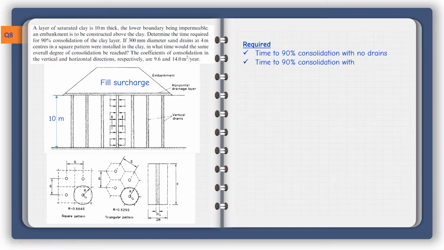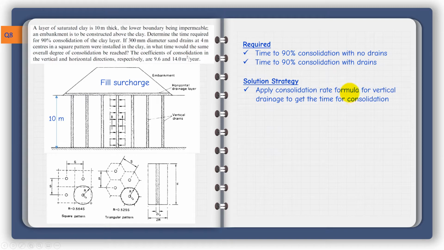And then the second requirement is to repeat the same problem to determine the time to 90% consolidation, but with these drains present. The solution strategy for a problem of that nature is, first, we apply the consolidation rate formula for vertical drainage. This is straightforward, we will see in a minute.